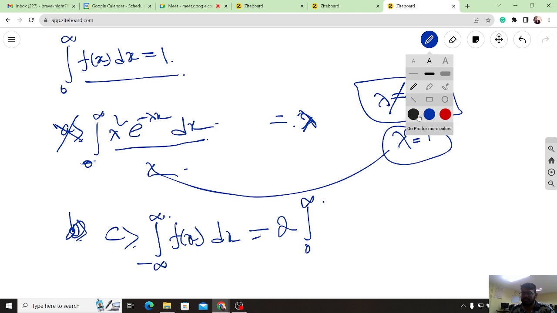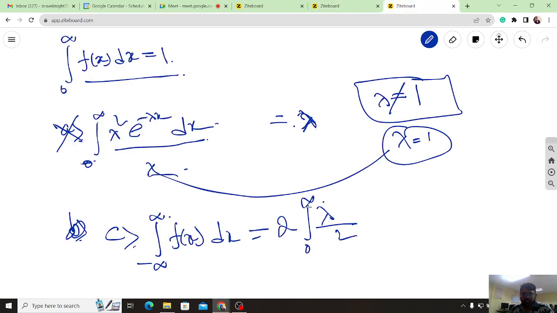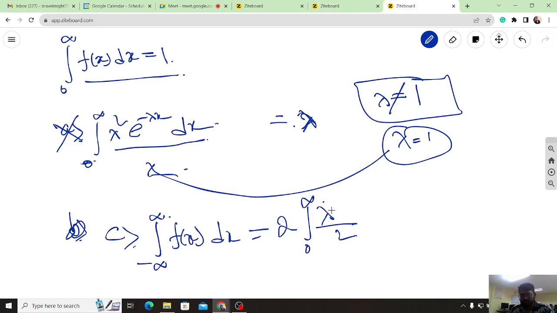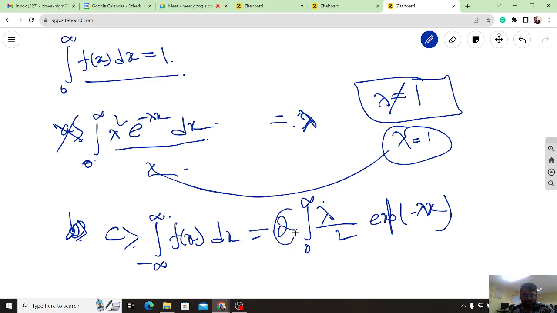So what happens? I can write this function as 2 and 2, because this is from 0 to infinity and it was from minus infinity to infinity and it was the mod x value. That's why I'm avoiding this mod x value, and as I'm avoiding this mod x value, it is getting 2 times, so that 2 times factor is here.